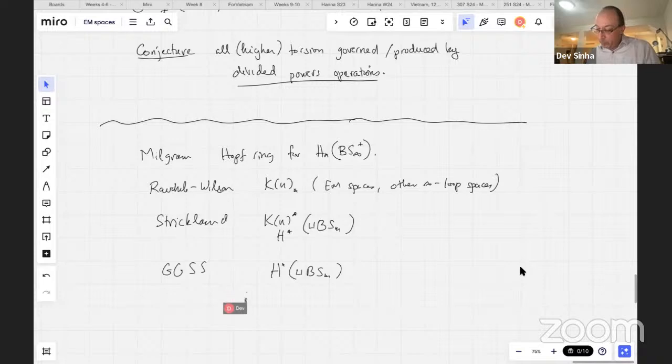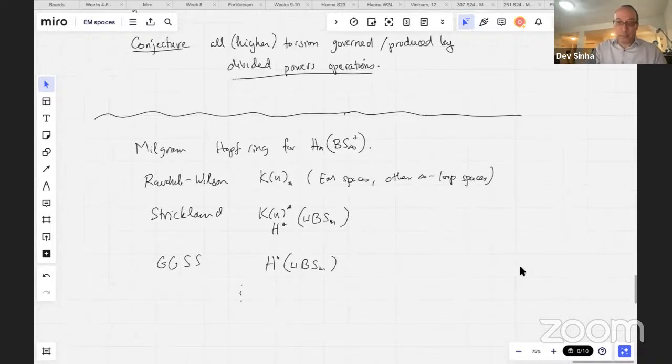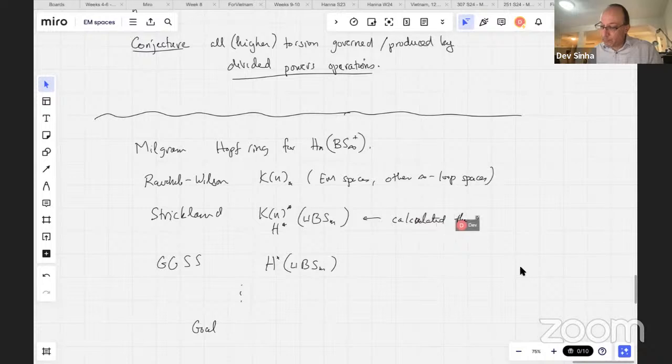One of the goals, and we've worked that out fairly well, is that what Strickland did was he calculated the circle product in decomposables.